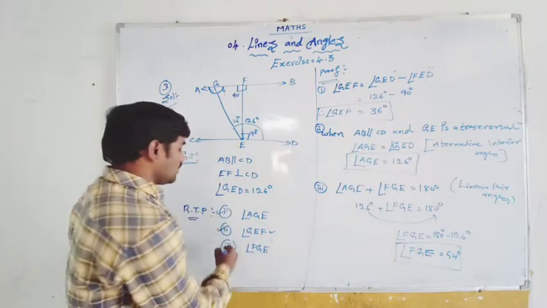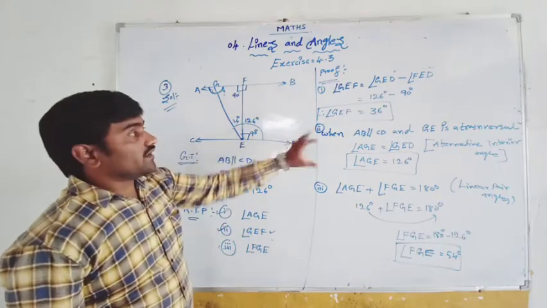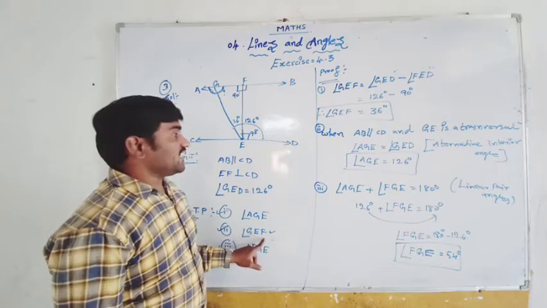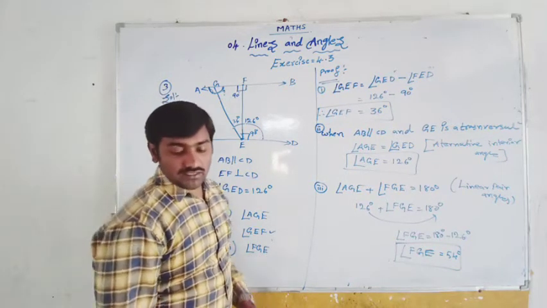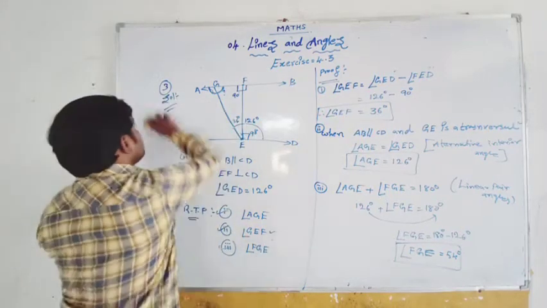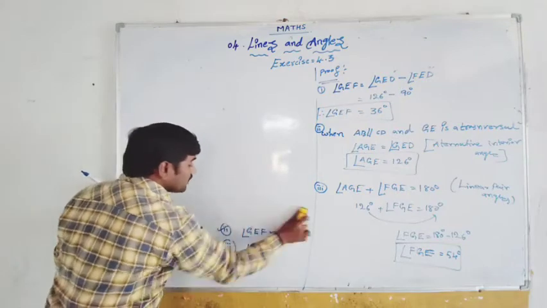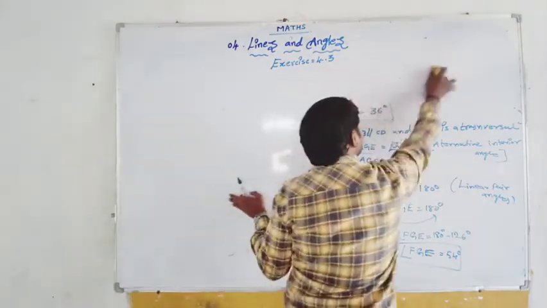So we have got all the three answers from this figure. Thus AGE is equal to 126 degrees, GEF is equal to 36 degrees, and FGE is equal to 54 degrees. I hope you understood this problem. Next, we go for the fourth problem. We need to use our mind a lot here.